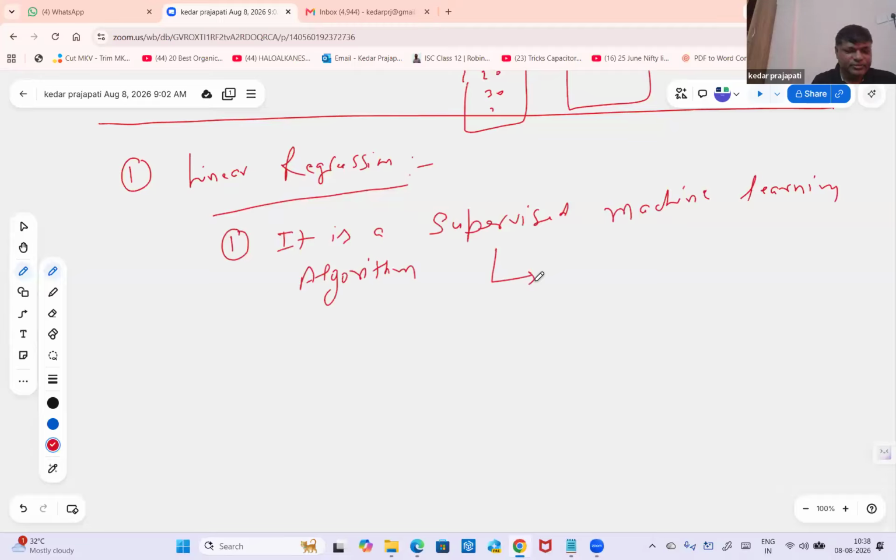Can someone please guide me? Labeled data. Yeah, so all the data will be labeled here, means data will have a name. Second thing is, it is used to predict a continuous numerical value. So all should be numerical. It should not be true, false, or something.